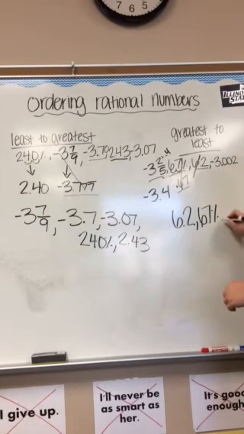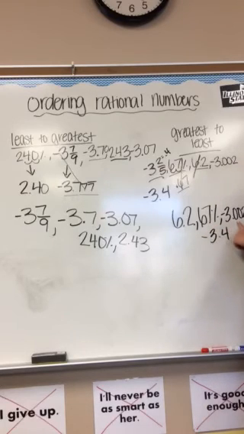So I put negative 3.002 and then negative 3.4. Again, this is closer to 0. So it's flipped around. This would normally be our smaller number, but since it's a negative, it's going to be greater than that one since it's closer to 0.